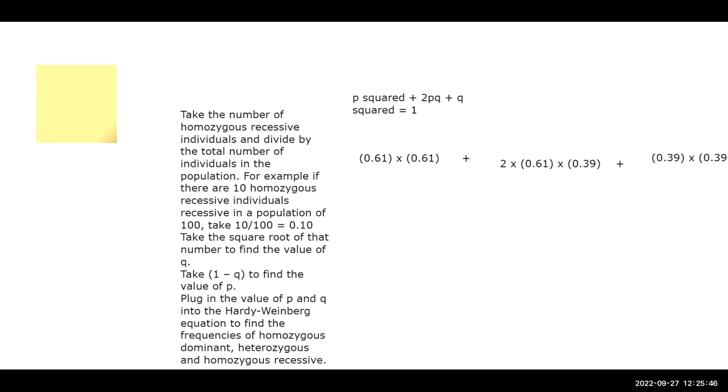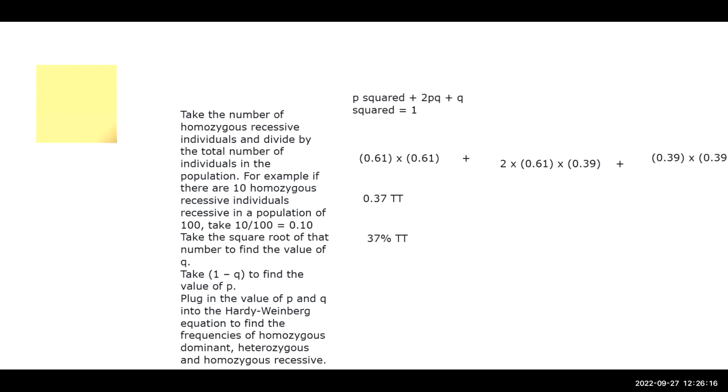Homozygous dominant, so big T in this case. If we want to turn 0.37 into a percentage, how would we do that? Move over 2 decimal places. Exactly, move our decimal over 2 places to the right, so that becomes 37%. We know that 37% of our population is homozygous dominant for tasting.